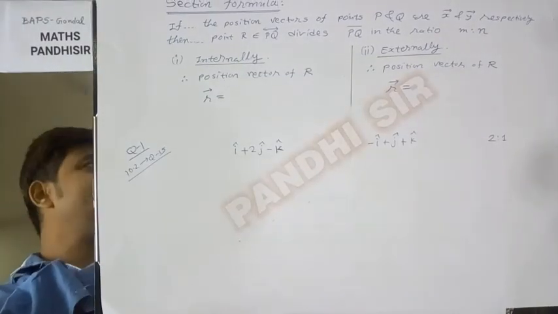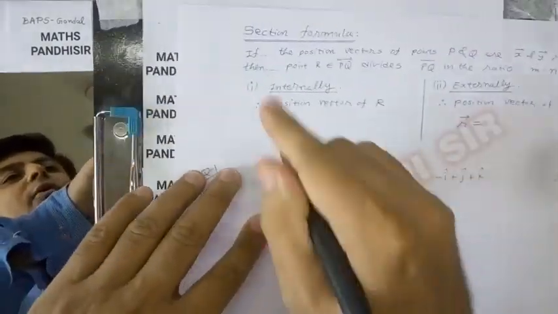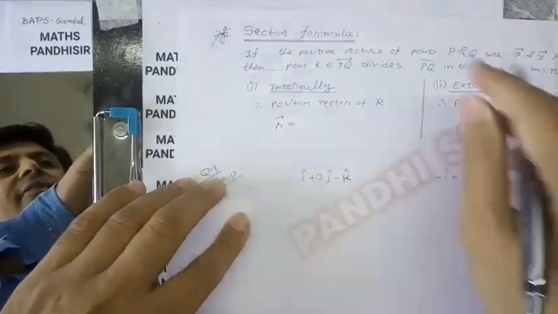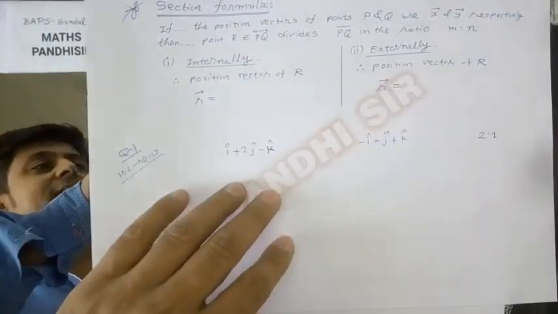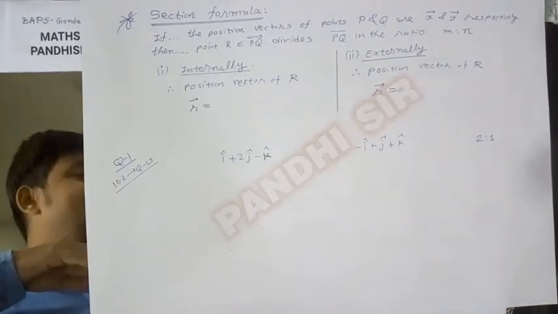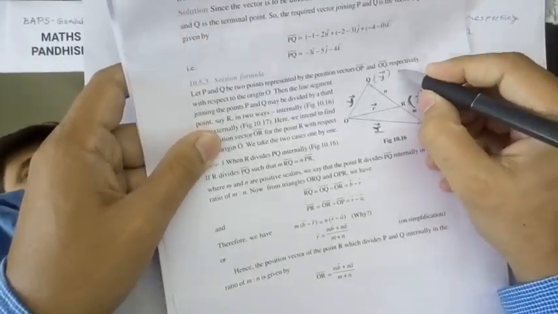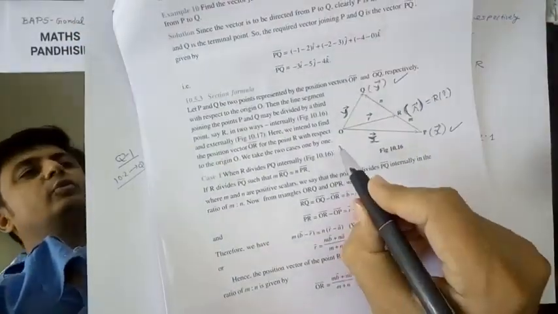Okay, look, section formula or division formula, you have learned already in 10th standard and 11th standard. Look here, in section formula, suppose we have 2 points, point P and point Q, and this one is the origin.